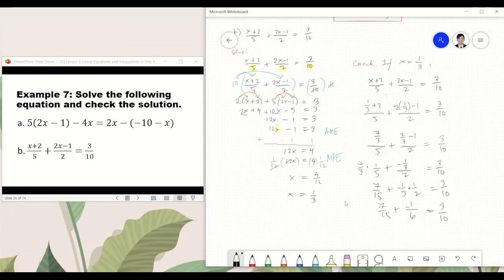Then, kung i-combine natin yung 7 over 15 at saka yung negative 1/6 natin, yung result niya is 3 over 10. So therefore, tama yung nakuhang x natin. So, solution set, it's 1/3.